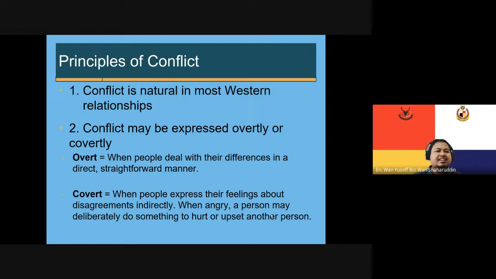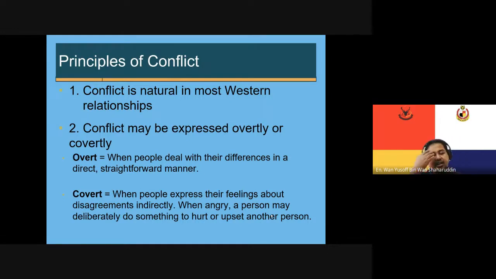Okay, and that conflict may be expressed overtly or covertly. It can be very obvious. It can also be very subtle. Overt here means when people deal with their differences in a direct, straightforward manner. So when you find something that you don't like, or when you are in disagreement about something, you straight away express your disagreement.